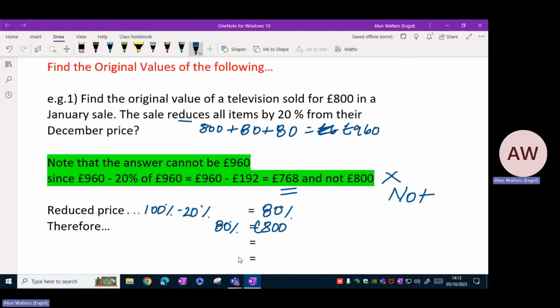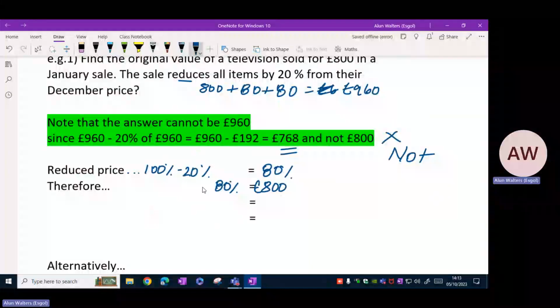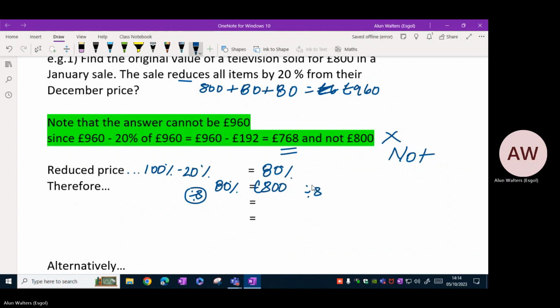Okay, so now we use our method of proportioning, and there are possibly 2 or 3 ways we could end up with the final answer. What we want to achieve is an original value, which is 100%. So what I'm going to show you first is if I divide that by 8, and I divide the other side by 8, I end up saying that 10% is £100.